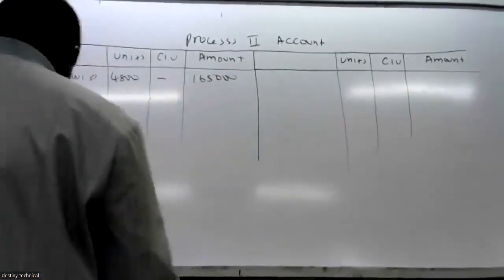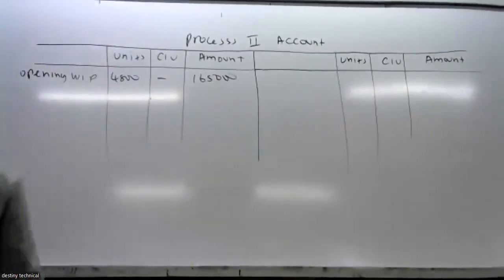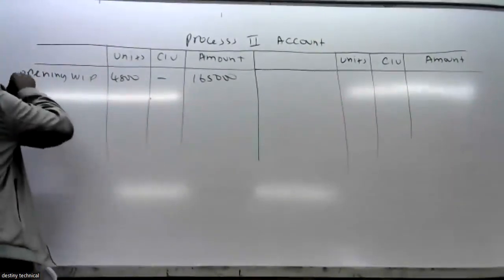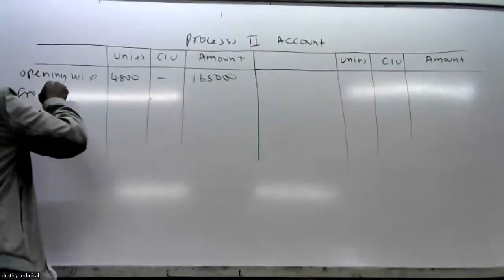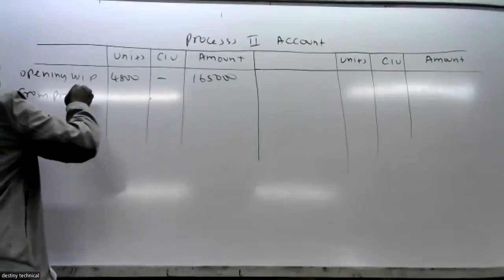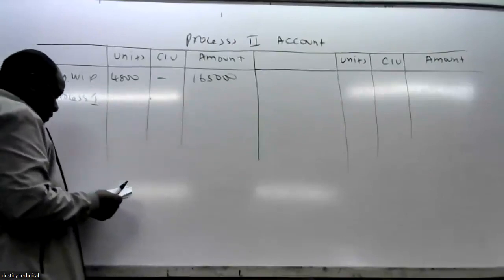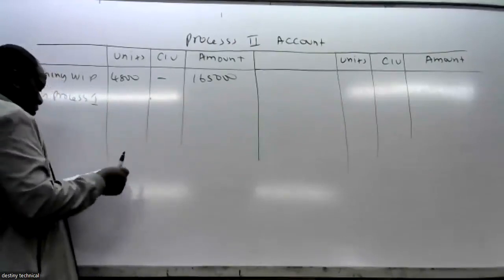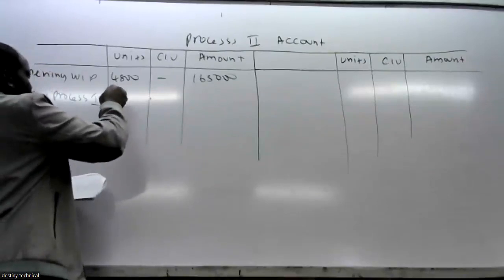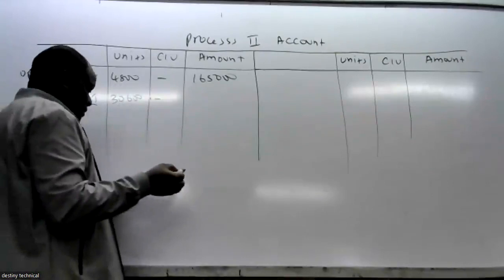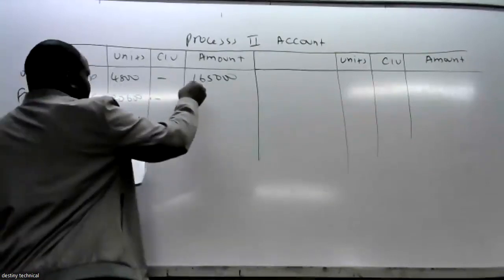Then there is also from process 1, in note number 1, there were 30,600. So it came to 306.